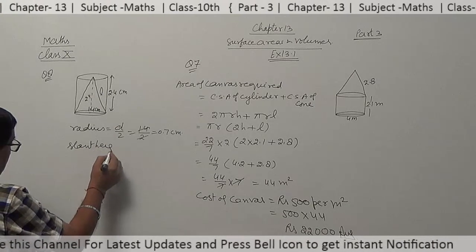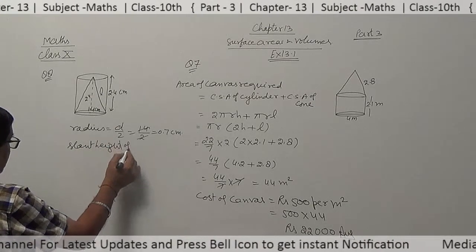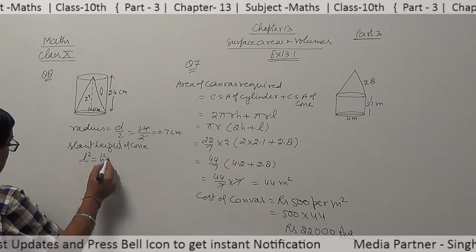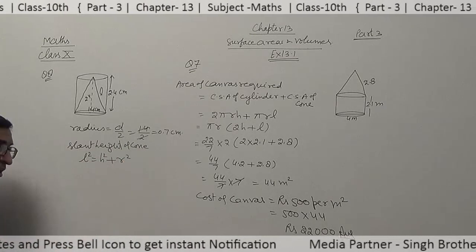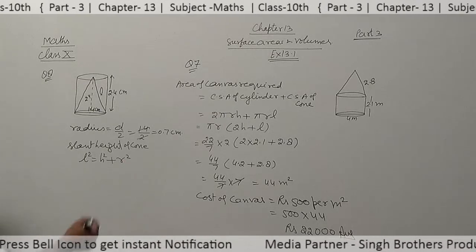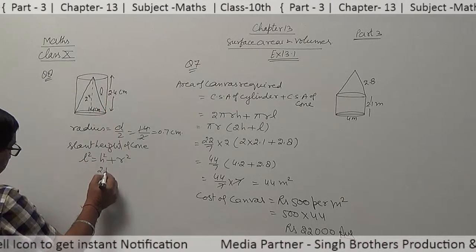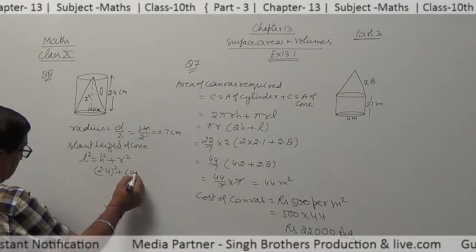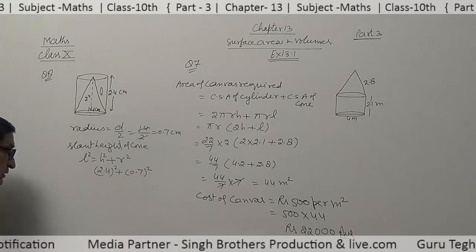Slant height of cone: L square is equal to H square plus R square. H is given to you, 2.4 square, radius is given to you, 0.7 square.